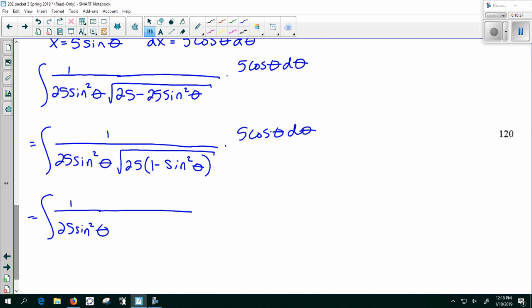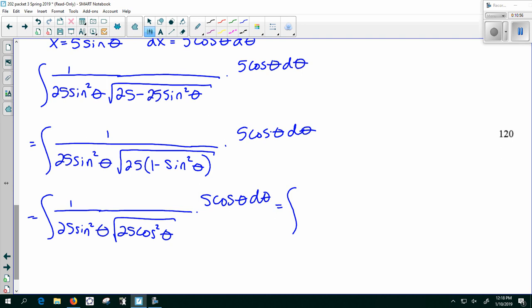Now 1 minus sine squared is a trig identity. That is actually the same thing as cosine squared theta. So I'm going to rewrite this as 25 cosine squared theta times 5 cosine theta d theta.